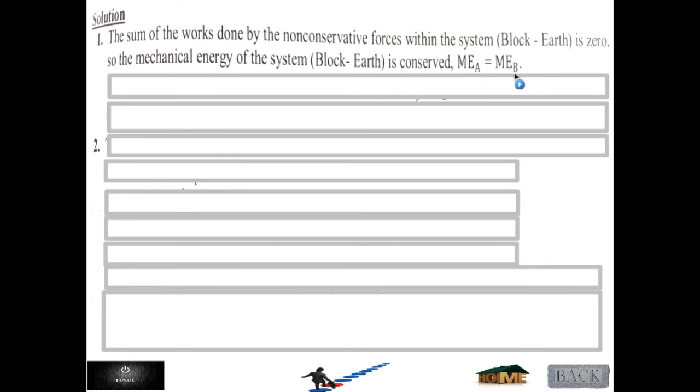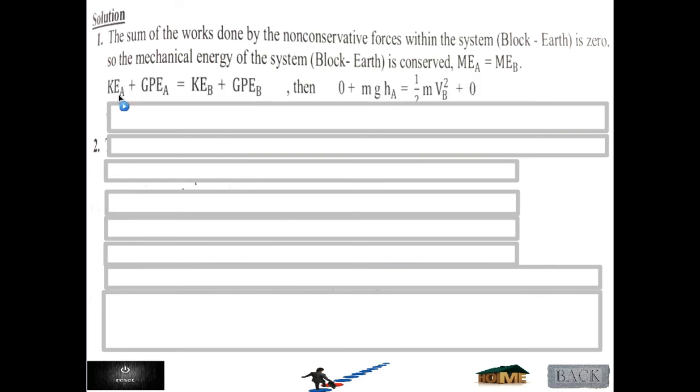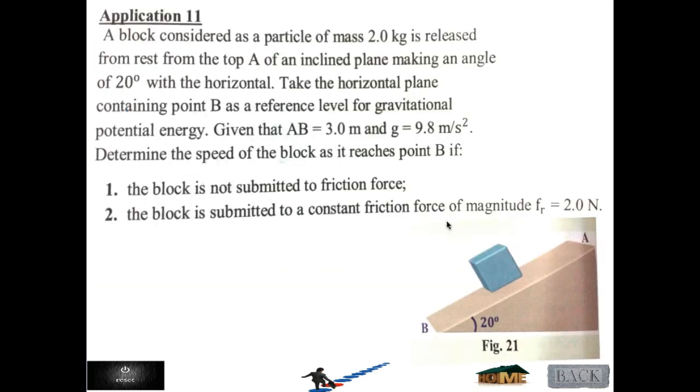Okay, I will put mechanical energy at A: it is kinetic at A plus gravitational potential at A, equal to kinetic energy at B plus gravitational potential energy at B. Kinetic energy at A is zero since at A we release the block without initial velocity.